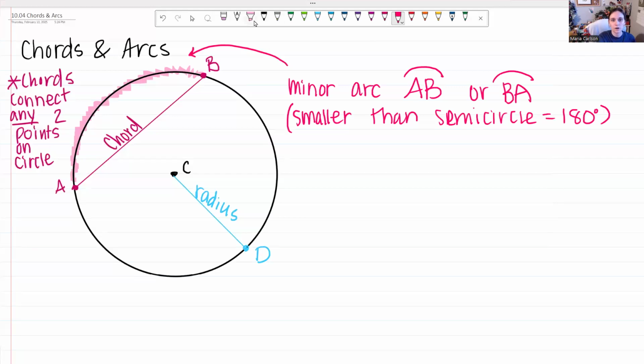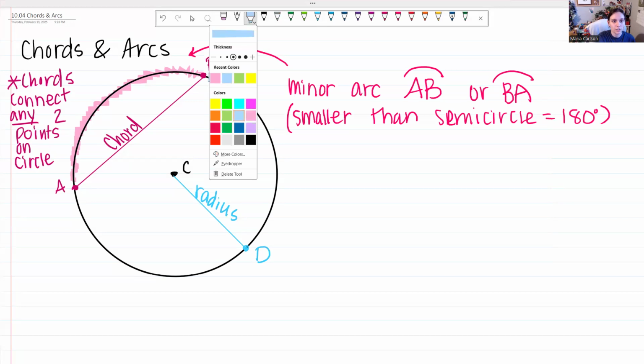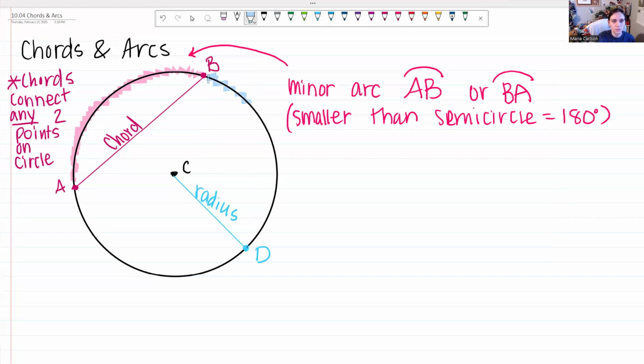So we have minor arc AB, and then that leaves us with major arc. Since we have three points on it, I might as well call it major arc BDA. So that would be this portion around our circle.